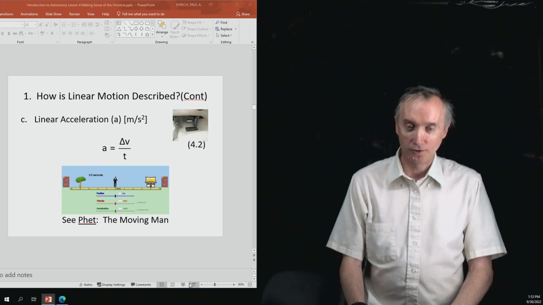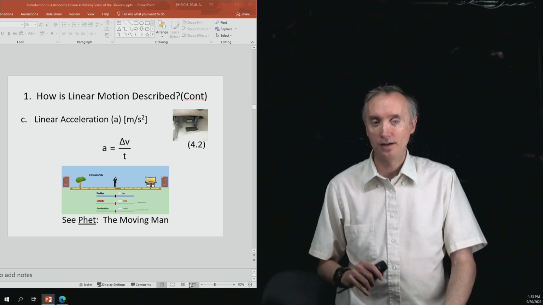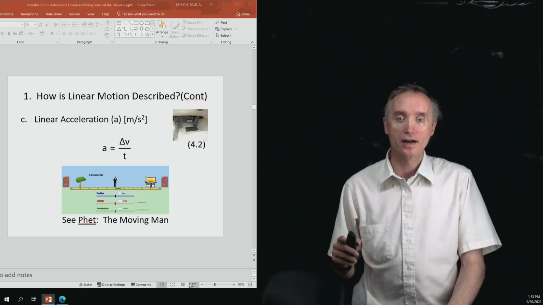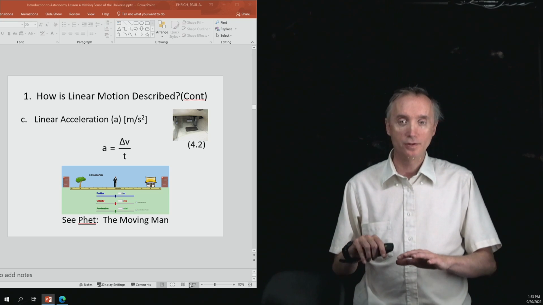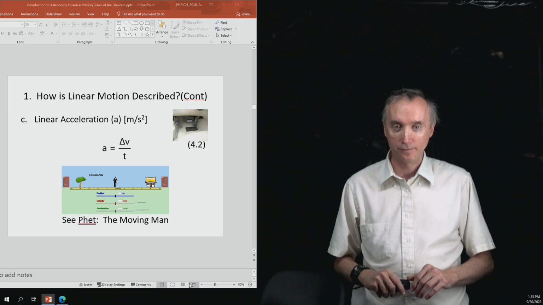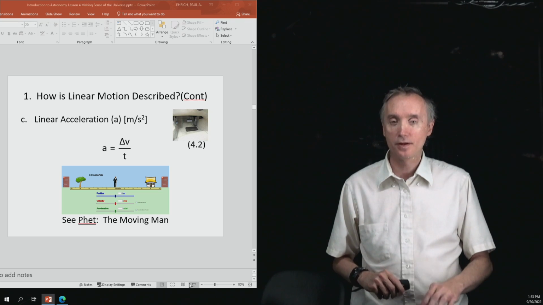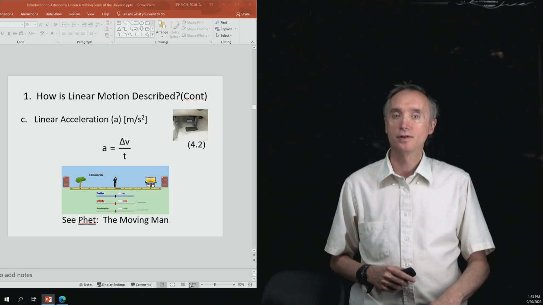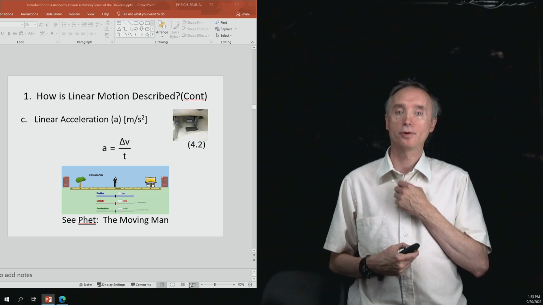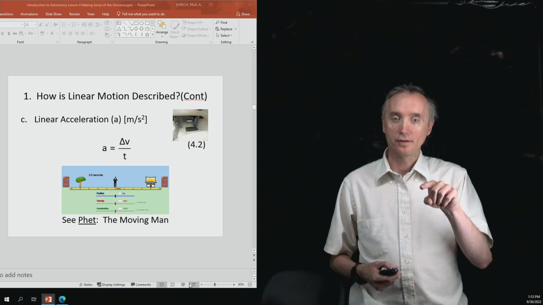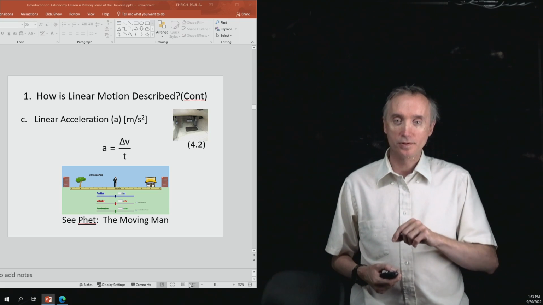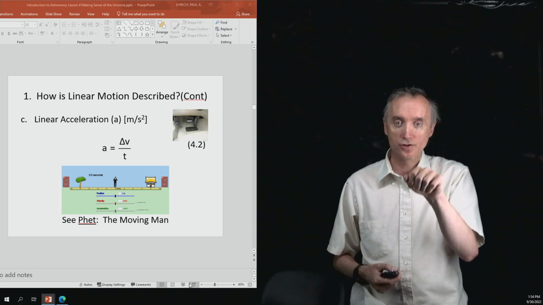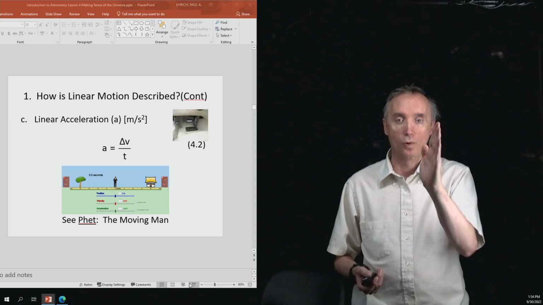What I want you to do is take a look at a little simulation called PhET. Go to Google, type in PhET, the moving man, and open up that simulation. You're going to see a picture with a guy in a business suit who looks very dapper, and underneath him is a slider that says position. If you move that slider back and forth, it just changes where he's located.